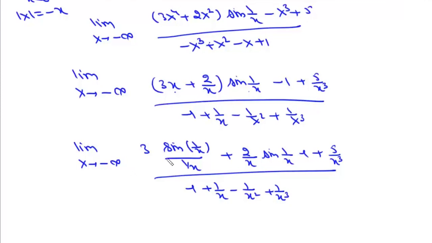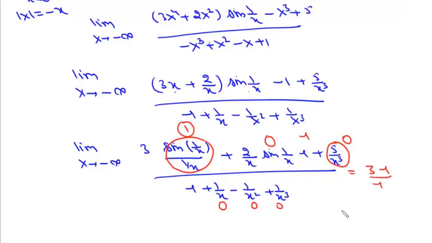Now when x tends to infinite, sin x is 0, so it is 0 upon 0 form. So this limit, it is 1, it will be 0, this is minus 1, this is 0, all of them will be 0. So this limit will be 3 minus 1 upon minus 1, which is minus 2.